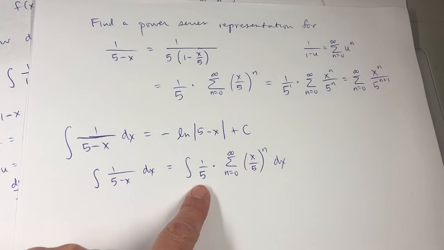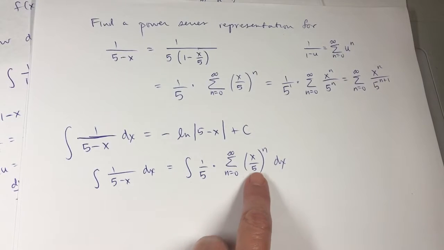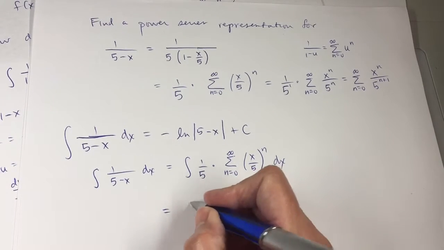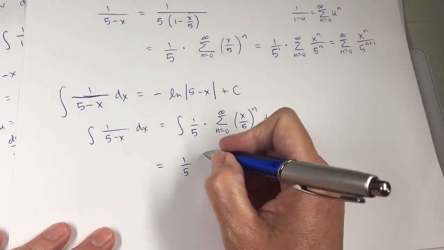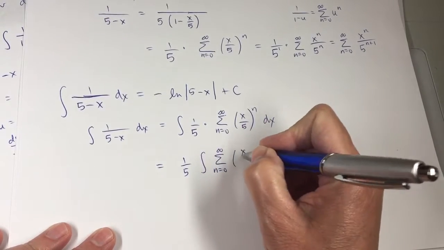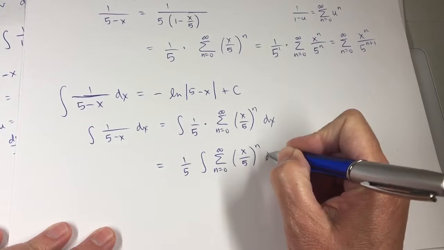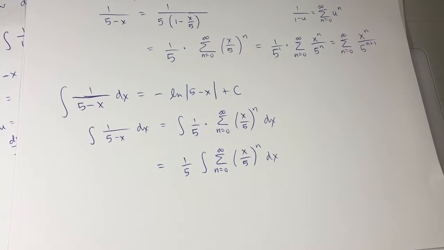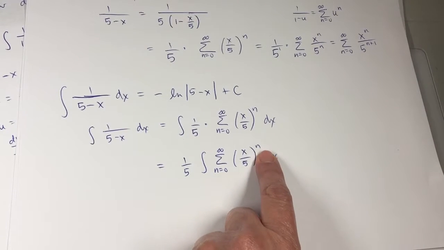I probably factor this 1/5 across the integral sign. And basically what I need to do is the integral of each of these terms. My preference is to write out a few terms and do the antiderivatives and see what's happening. But you could do this from this step. All this is something raised to a power.